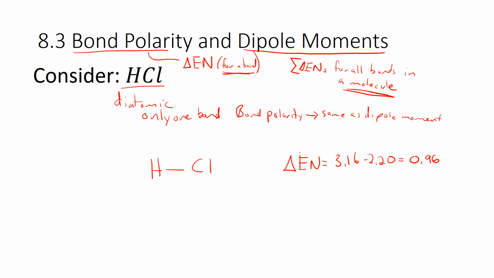Now these are unitless, so you don't need to worry about units on these, but you get a magnitude of 0.96, and the direction would be such that the electronegativity arrow would be pointing toward the chlorine with the cross on the hydrogen side, okay? And so that bond polarity is also the dipole moment, okay? And that's for something simple, only one bond there.